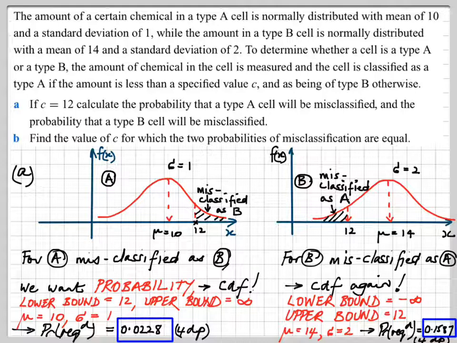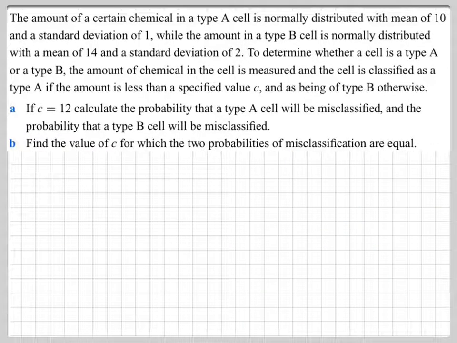So there you go, guys. That's part A. Now part B, if you thought that was hard, you ain't seen nothing yet. Part B says find the value of C for which the two probabilities of misclassification are equal. So there's a certain value of C which isn't 12, because they weren't equal in part A. There must be a value of C for which the probability of the right-hand tail of the A situation is the same as the probability of the left-hand tail of the B situation.